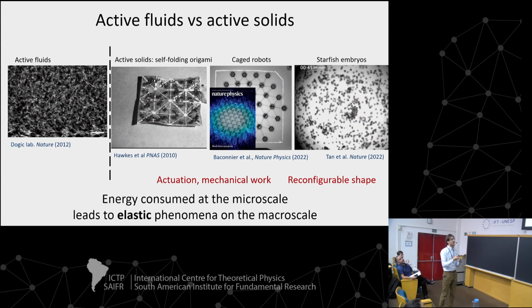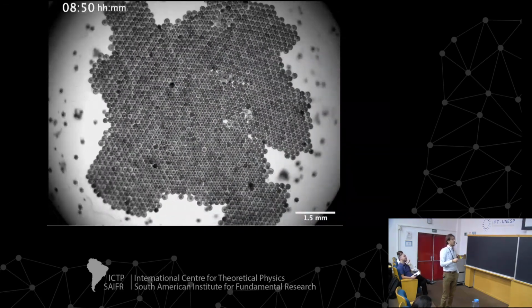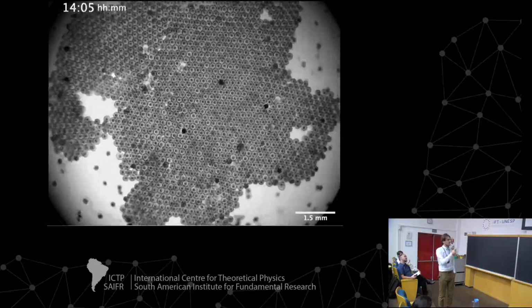Another biological or biophysical system, which I'll talk about tomorrow and is more the focus of tomorrow's lecture, is this one, which is at a much larger scale than the bacterial biofilm. It's almost macro scale.